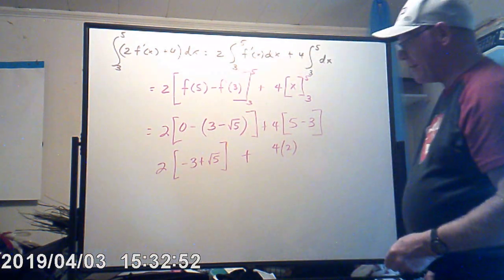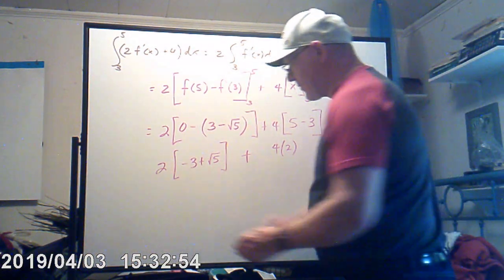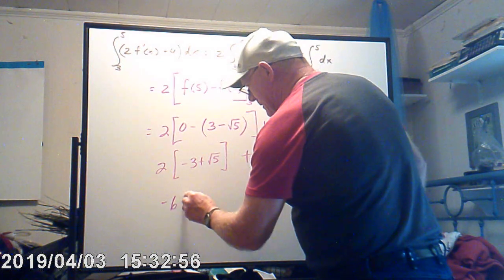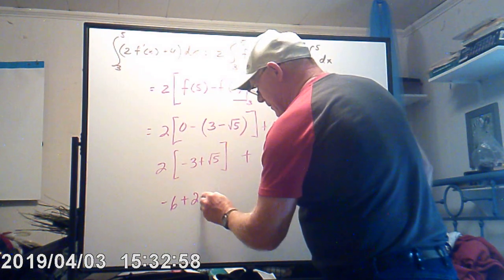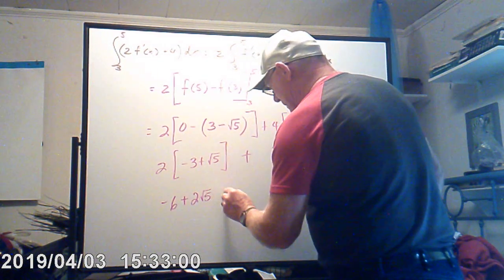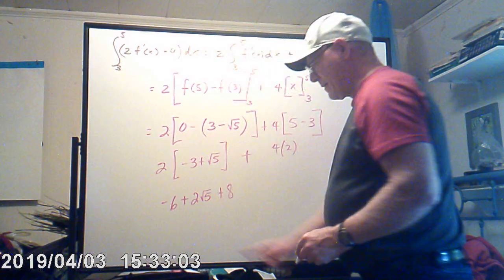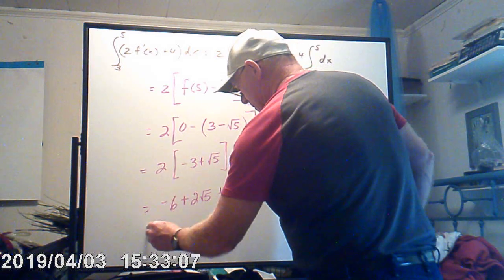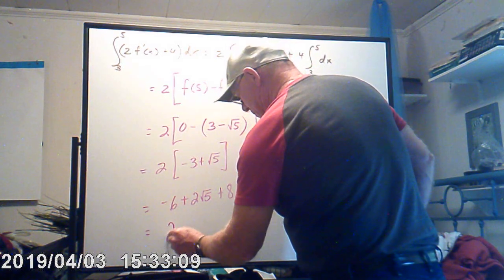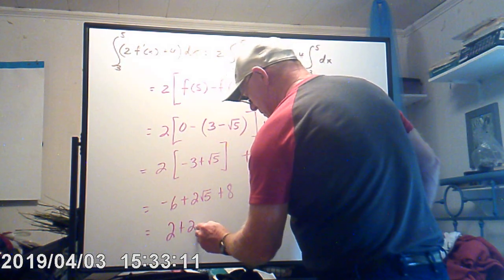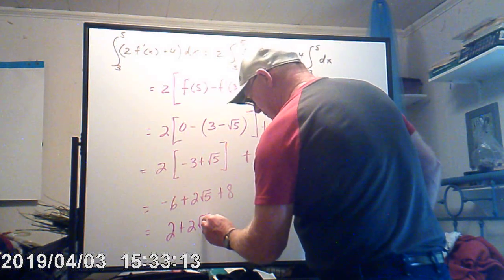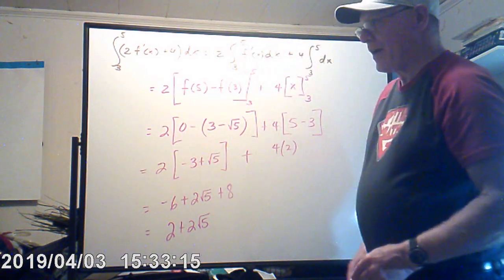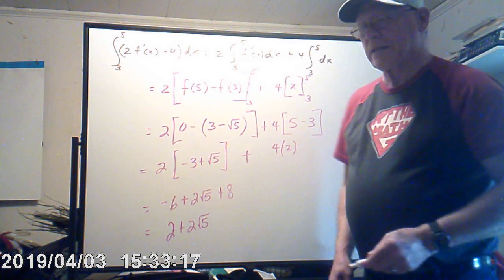Now 2 times negative 3 is negative 6 plus 2 square root of 5 plus 8. Negative 6 plus 8 is 2. So this is positive 2 plus 2 square root of 5. And that is it.